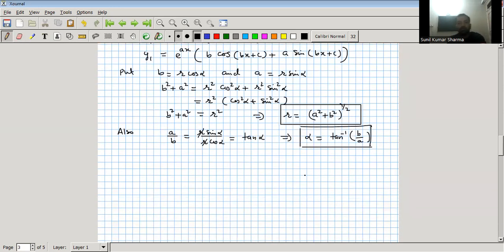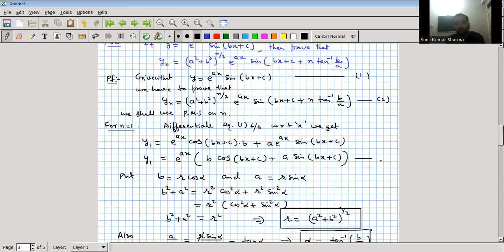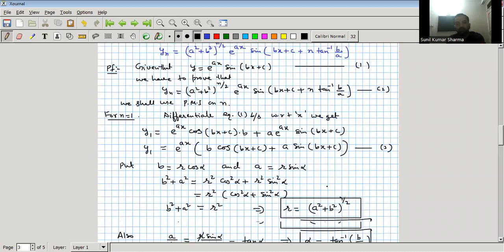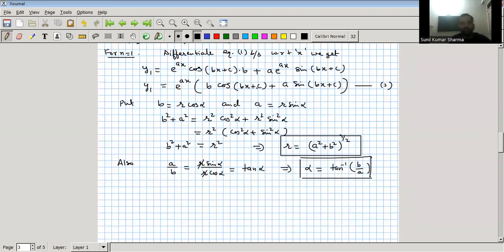Now come to this equation, let this be equation number 3. When we substitute the values of b and a in the inner part of equation number 3, we get y1.